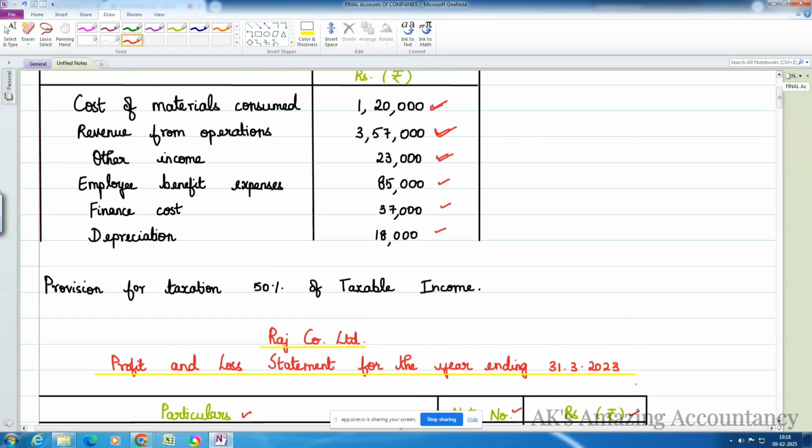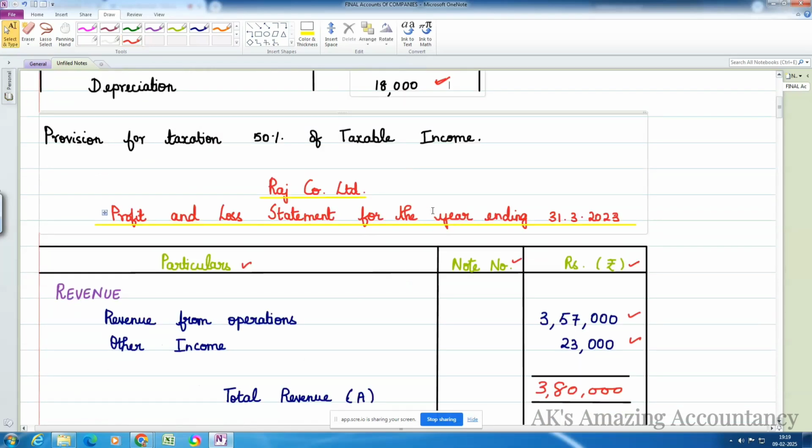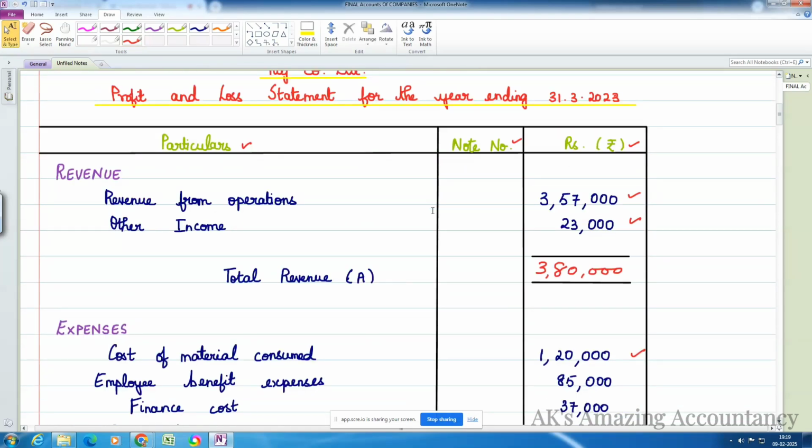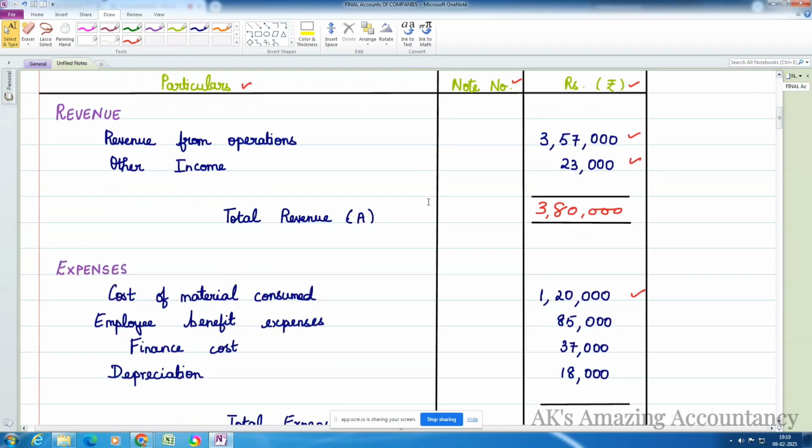You have an item called employee benefit expenses 85,000, then finance cost 37,000, then depreciation 18,000. All these items will come under the heading expenses. So apart from cost of material consumed, we have the employee benefit expenses 85,000, finance cost 37,000, and depreciation 18,000.